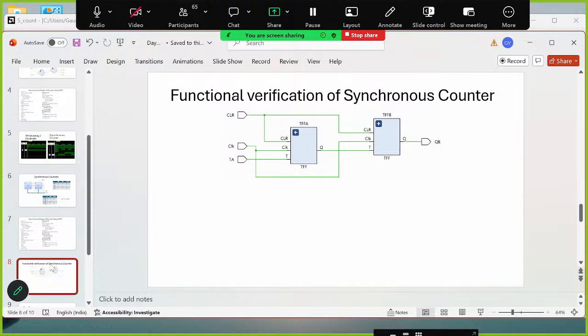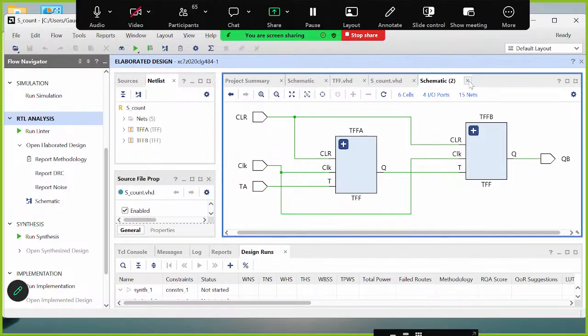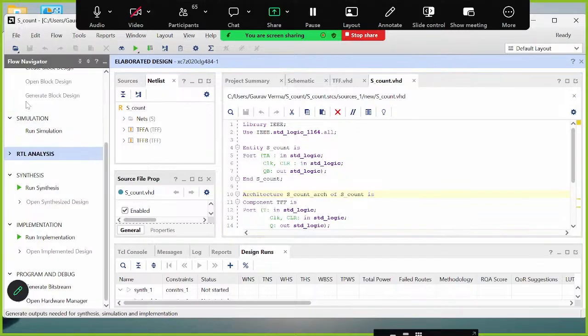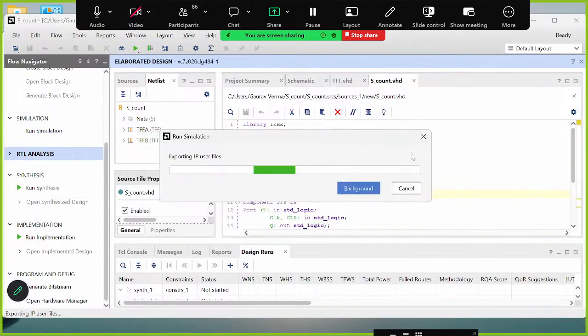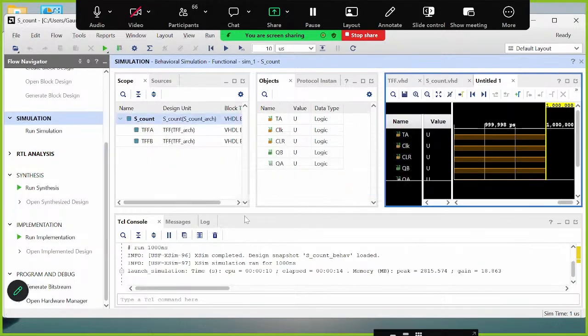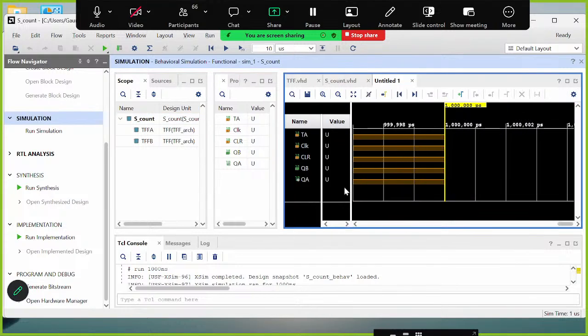Okay, now let us simulate this design. For this we need to go to simulation. Now let us see.